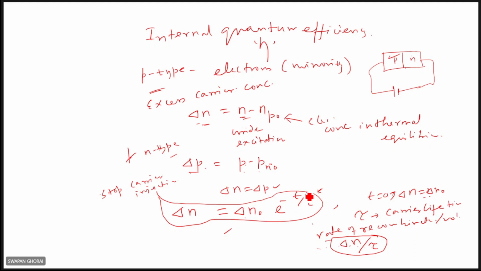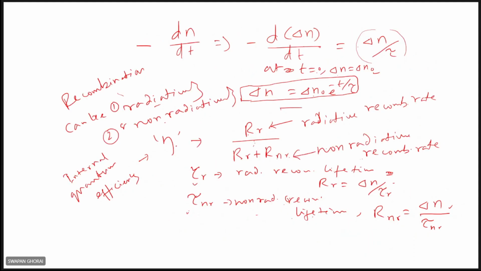Now, if you consider carrier injection, the carriers are recombined. When the carriers are recombined, the rate of recombination will be delta n by tau, where tau is the carrier lifetime. Whenever there is recombination, there will be a reduction in the carrier density.